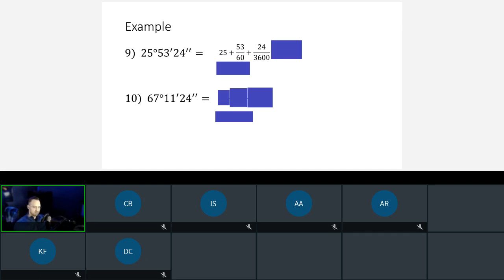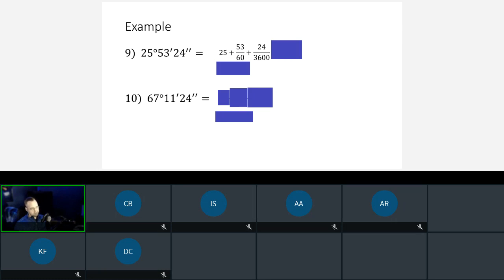Everyone type that in. Now I want the answer in decimal format, by the way, hence the name degree decimal. Go ahead and type that answer in chat, please.